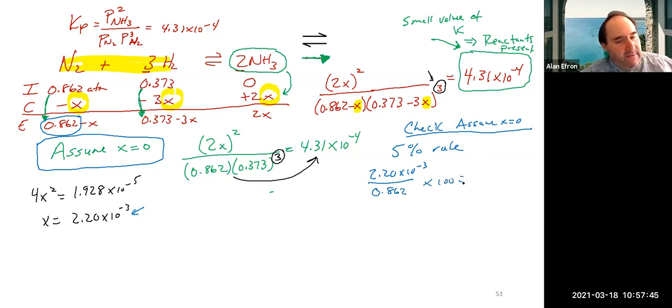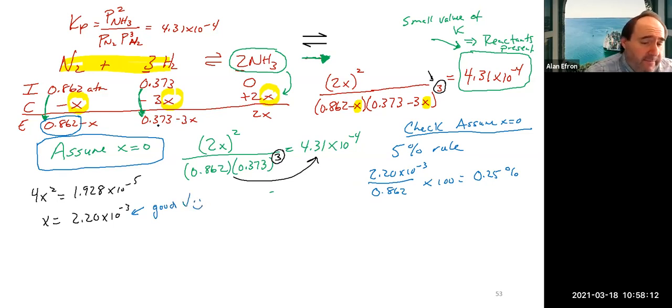When we do that, we end up with about 0.25%, and obviously 0.25% is less than 5. What that means is our assumption is good. We checked it. We're happy.